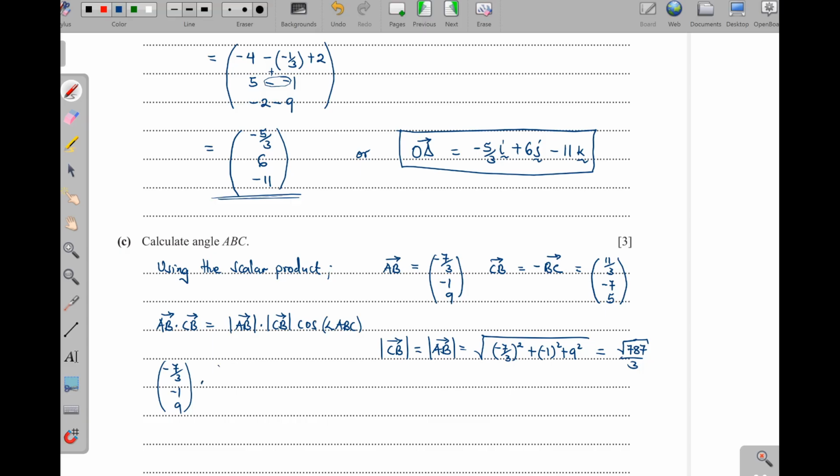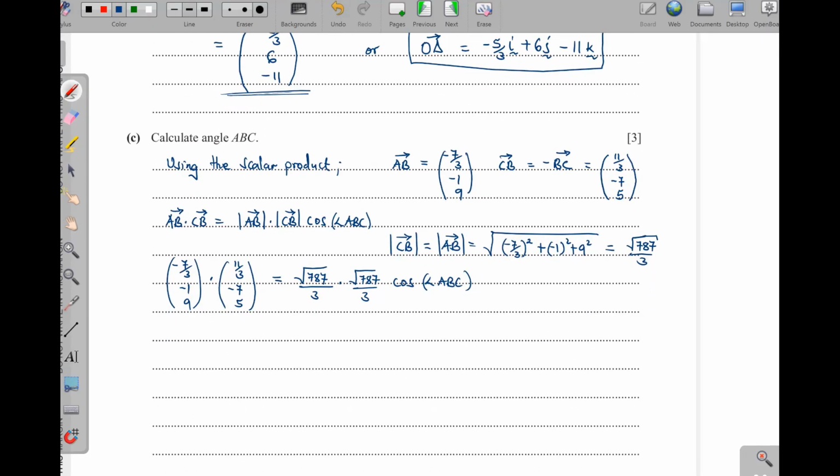You dot it with CB, which is 11 over 3, negative 7, then 5. Then this one is equal to, here we have seen it is root of 787 out of 3, same thing here over 3, then cos of the angle ABC that we are looking for.